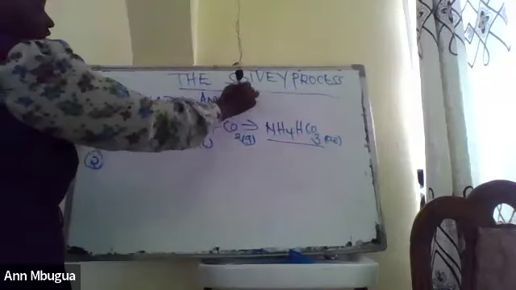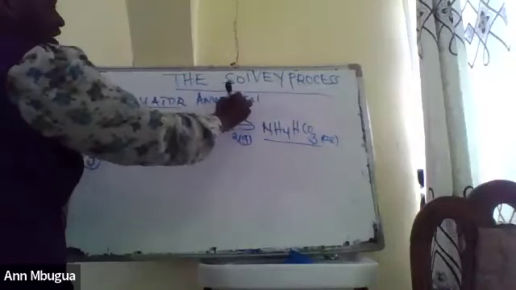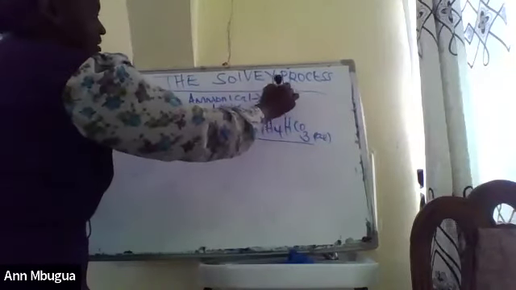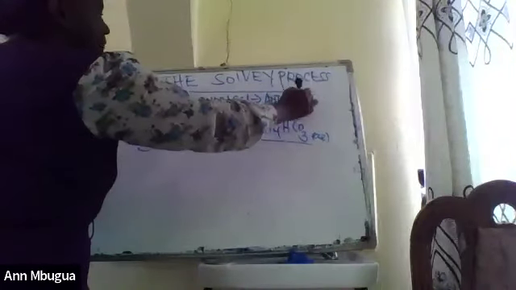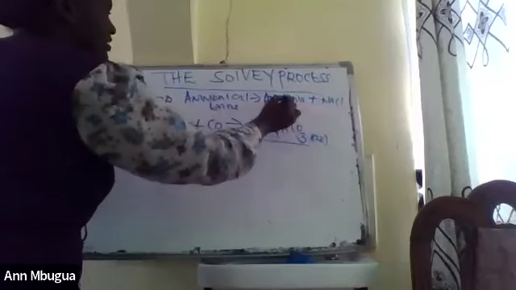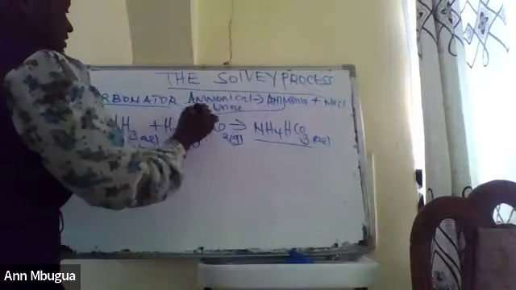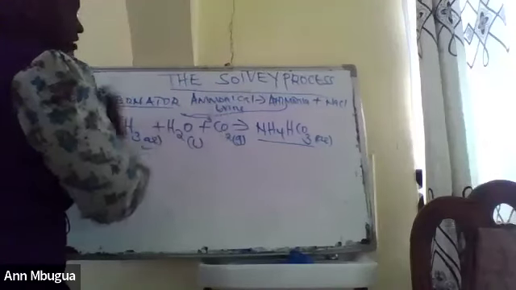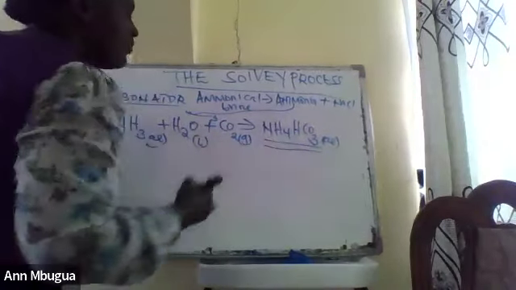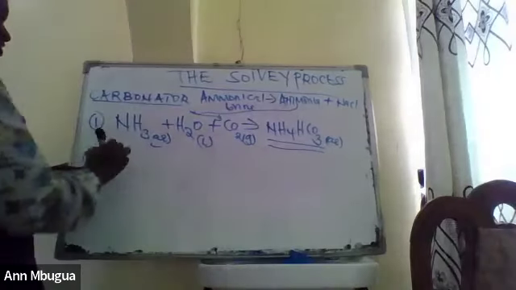brine. So all this inaanzia kutoka kwa ammoniacal brine ambayo tulisema ni mchanganyiko. It's a mixture of ammonia na concentrated sodium chloride. So ammonia kwanza ina react na carbon dioxide from the carbonator in a form of ammonium hydrogen carbonate.